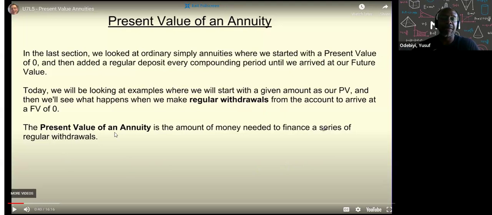We're trying to figure out the present value of annuity, which is the amount of money needed to finance a series of regular payments. So how much money I need to have in my account now in order for the money to make regular payments, or in order to make regular withdrawals. Okay, so we're going to get into that example right now.